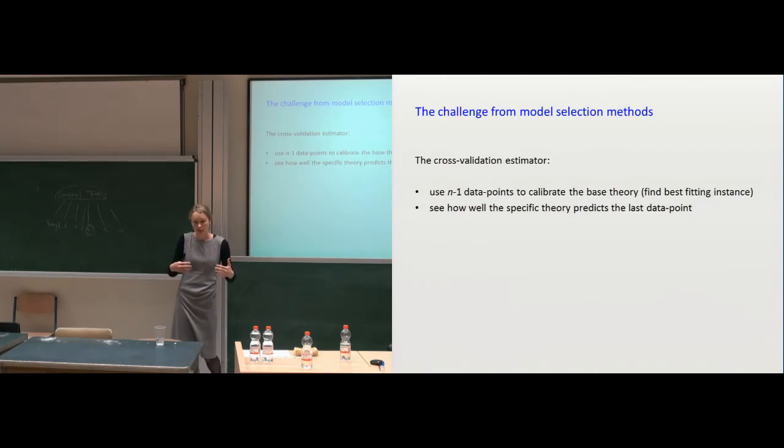If it's the linear family, find the best line that fits the data, and then see how well it predicts the left-out point, right? And do this for all the possible cuts of the data and find the average predictive accuracy you get, right? And this average predictive accuracy is your assessment or your estimate of the performance of the procedure as a whole in terms of predictive accuracy.